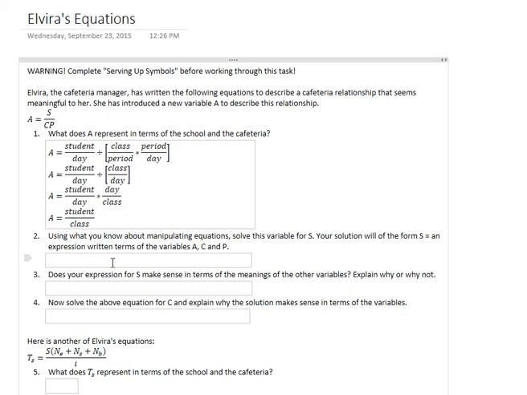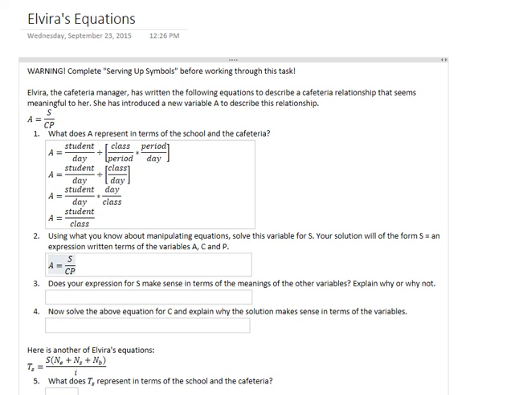Part 2 says, we're using what we know about manipulating equations. We want to solve our original expression right here for S. And it says our solution will be in the form S equals something with variables A, C, and P. Okay, let us rewrite our original equation here. A equals S divided by CP.